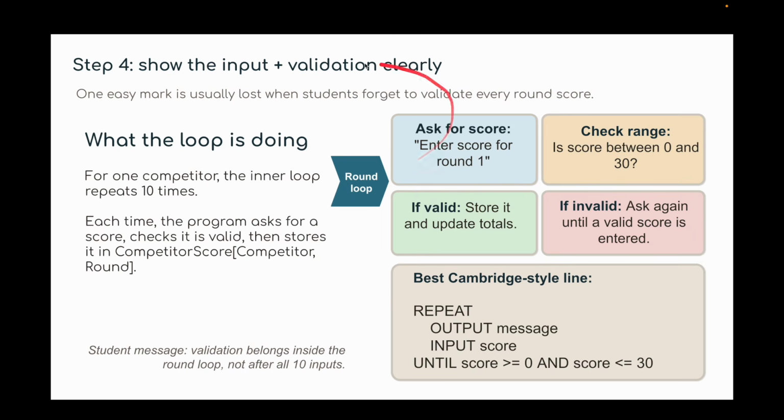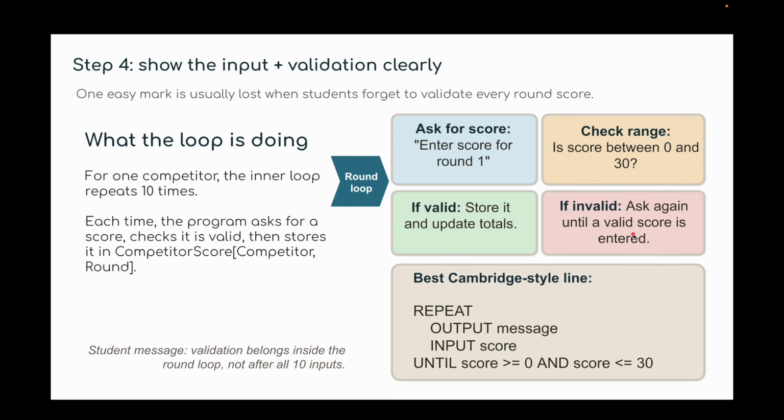What is this looping going to be doing? For one competitor, the inner loop repeats 10 times. Each time the program asks for a score, checks that it's valid, then stores it in competitor score, competitor round. So we're going to enter score for round 1. Is it between 0 and 30? If it's valid, it stores and updates it.